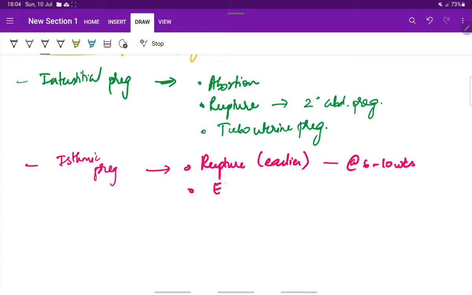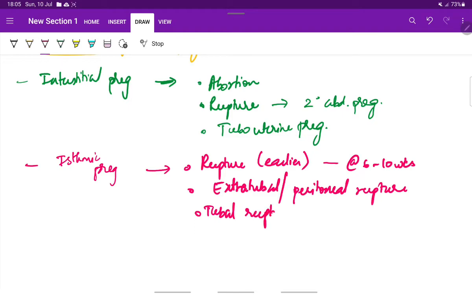And there can also be extratubal rupture or peritoneal rupture. And there can be severe intraperitoneal hemorrhage. Sometimes the tubal rupture which occurs can lead to broad ligament hematoma.